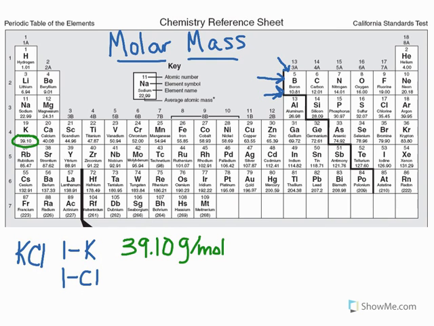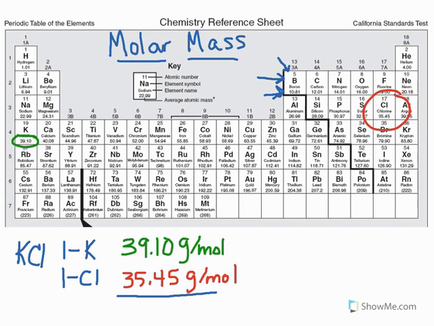And now I need to do the same exact thing with the chlorine, and chlorine is over here, and so the number of grams is going to be 35.45. That's going to be the grams per 1 mole of chlorine atoms. So to find the molar mass for potassium chloride, all we have to do is simply add them up.